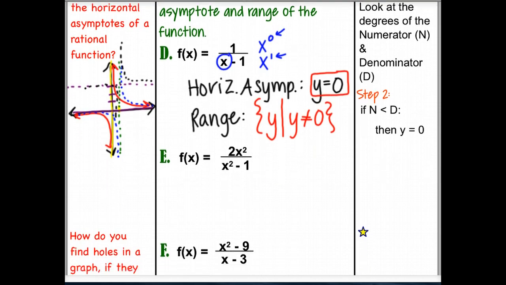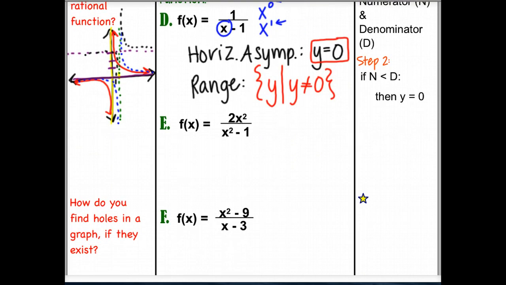Now we move to this next example. If the numerator's degree equals the denominator's, then the horizontal asymptote will be at y equals a over b. So I can see here that I have an x squared and an x squared. They match. And what we mean by a over b is that if we look at this as the function p of x, and this as the function q of x, then what we need is the leading coefficient for each one. We divide them and we get that value.